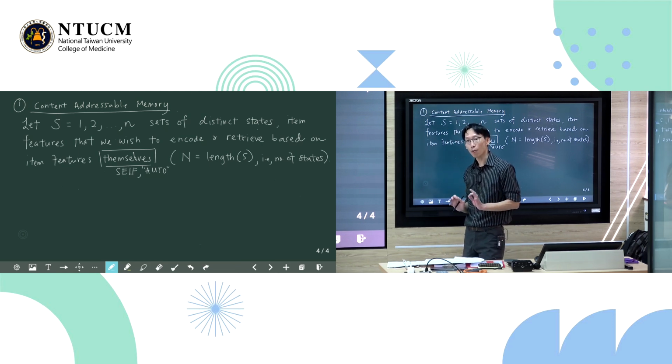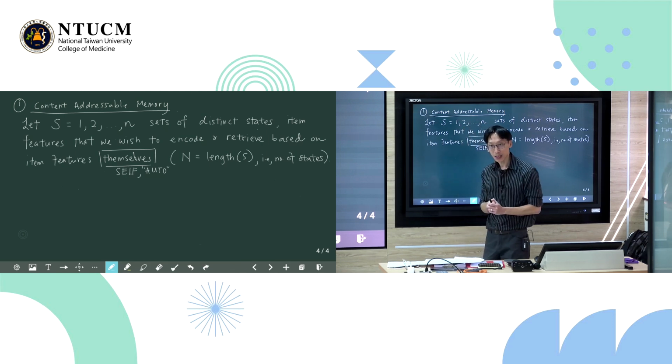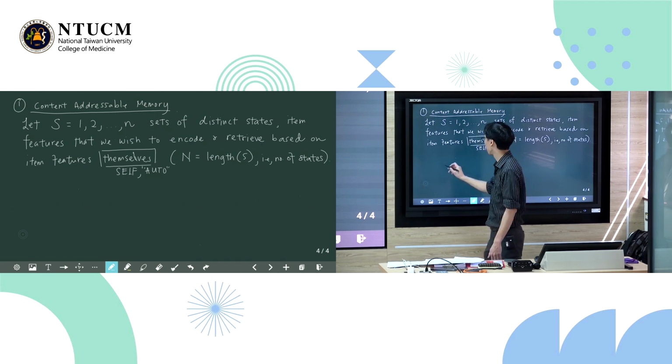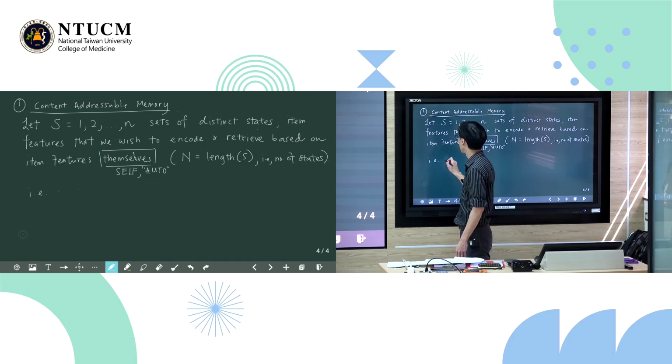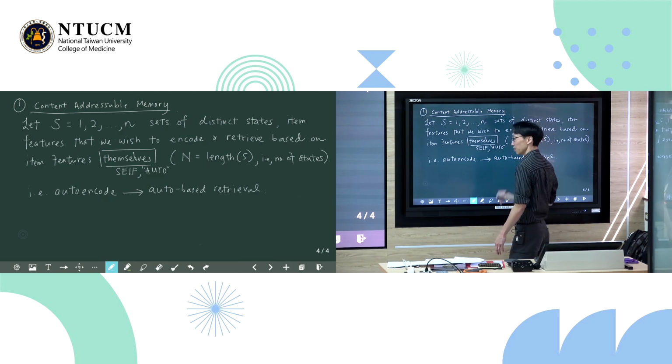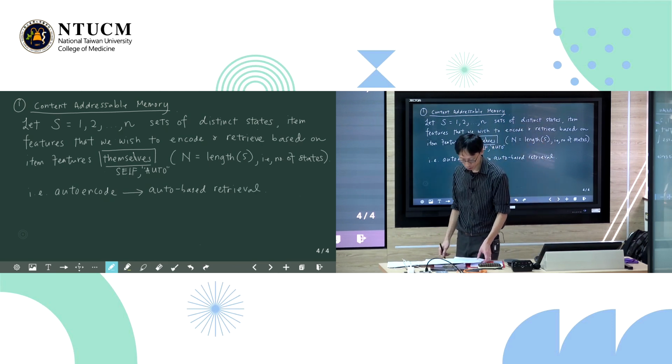So in expressing this formal statement, this formal mission, that this is what we want to do, or we have to do, we have invoked this concept that it has something to do with self. It has something to do with auto encoding. Auto encode leading to auto-based retrieval. Essentially, that's what it is.